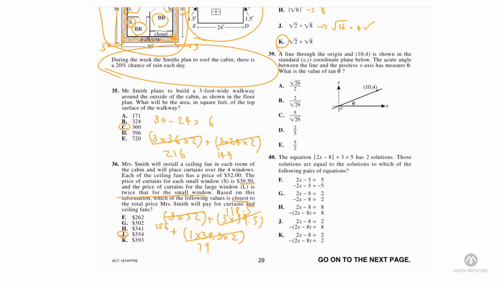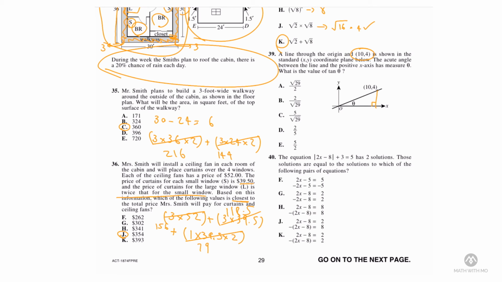A line through the origin and (10, 4), this is the coordinate of the point, is shown in the xy coordinate plane below. The acute angle between the line and positive x-axis has measure theta. What is the value of the tangent of theta? So tangent of theta. So we know when we have a right triangle, we can calculate the tangent.